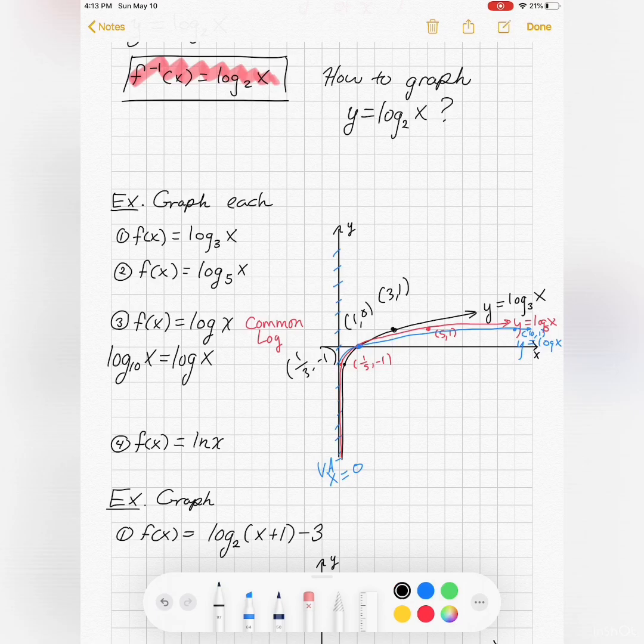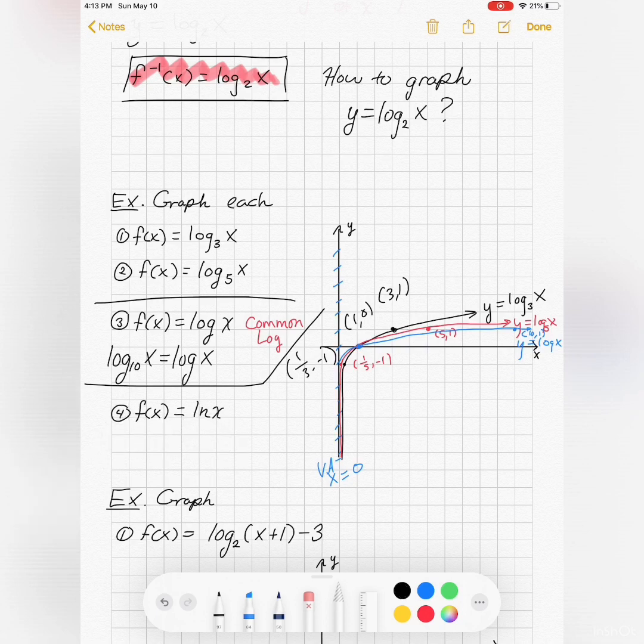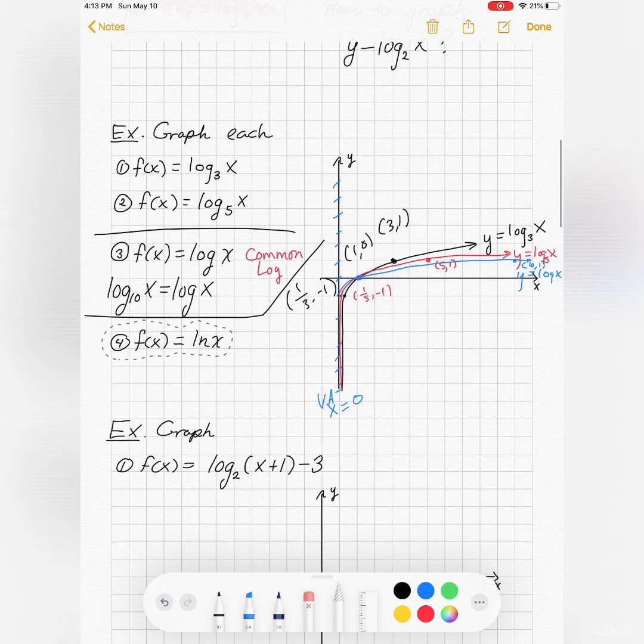Okay, my other special log is the ln. This guy's called the natural log. So ln stands for something like logarithmus naturalis, but it's the natural log.